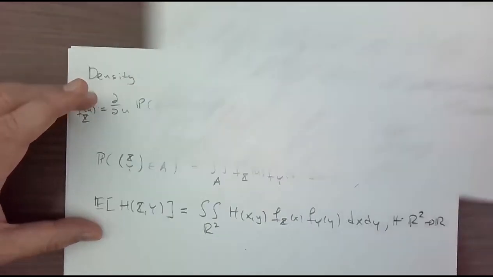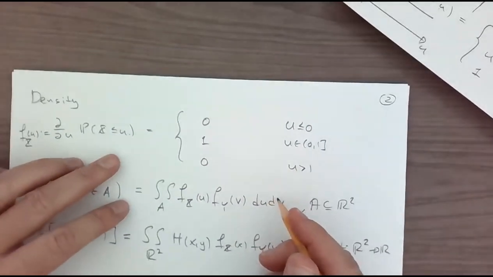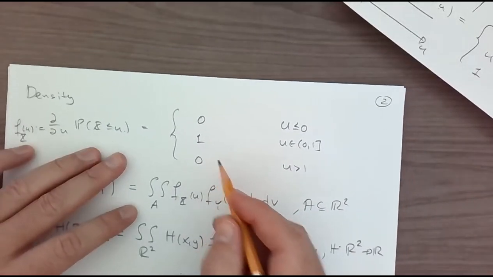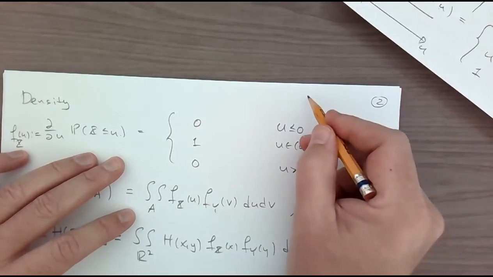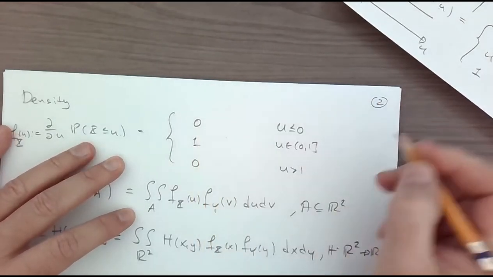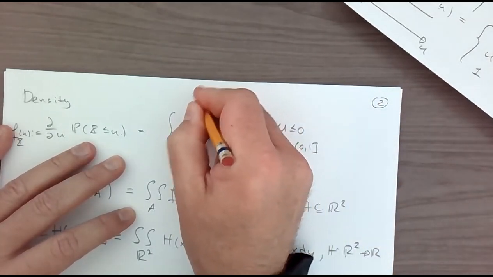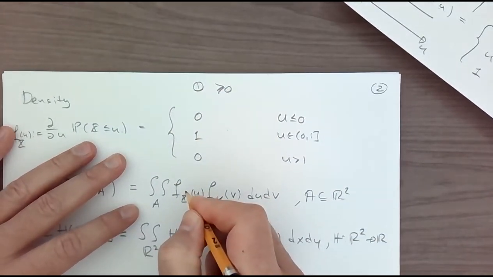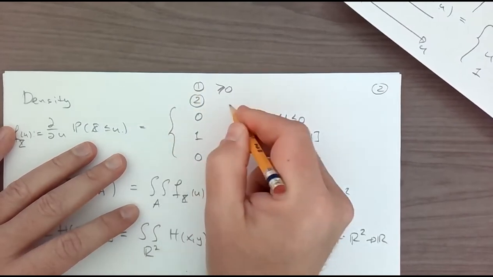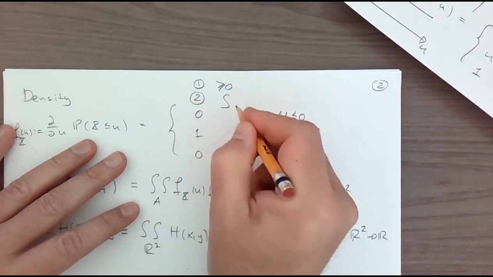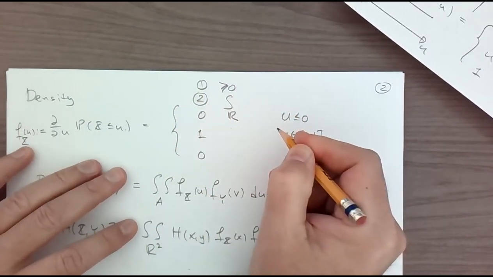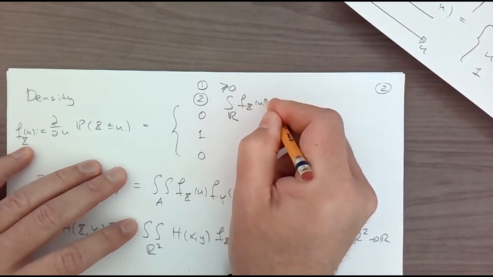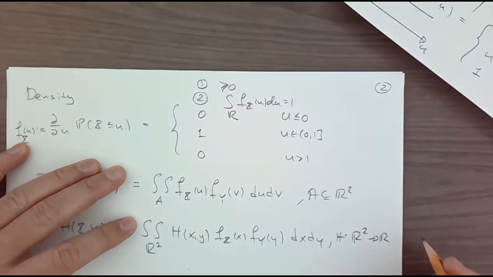Right. So the density is a different story. That one, we don't have properties like that. Here, what you need to have is that it's positive, and two, densities need to integrate to one. So when I'm integrating over R of f_X of u, this better be one.